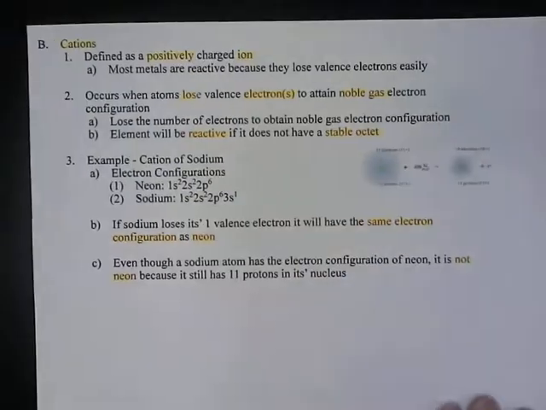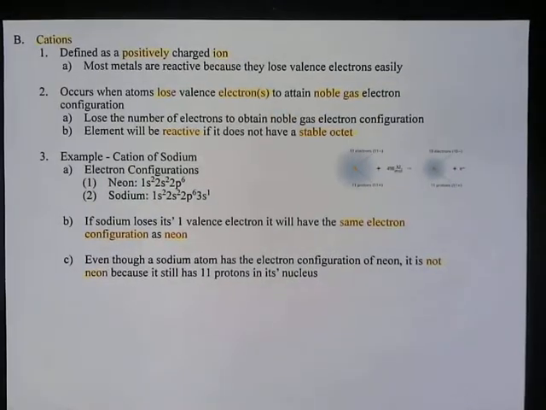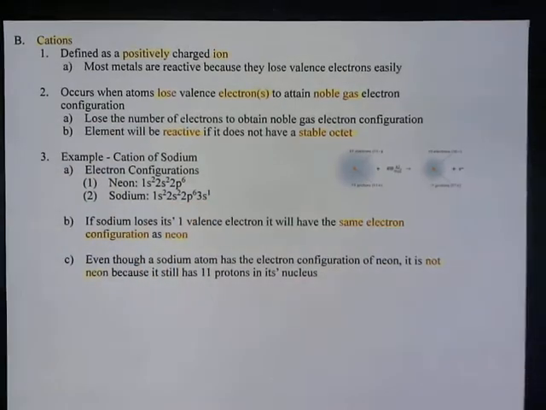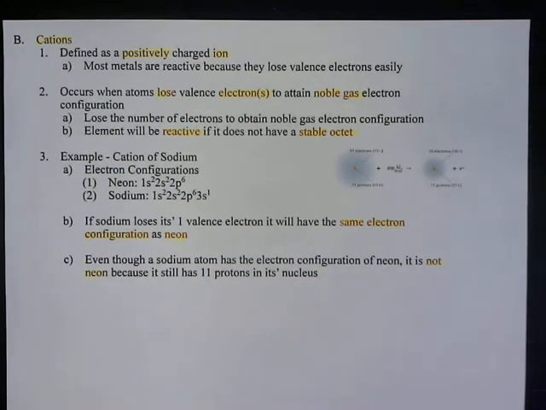Let's break it down and talk about cations. Cations are a unique type of ion, and they have a positive charge. They are simply positively charged ions. Cations lose valence electrons to attain noble gas configuration. If a cation loses an electron, it's essentially minus a negative charge.